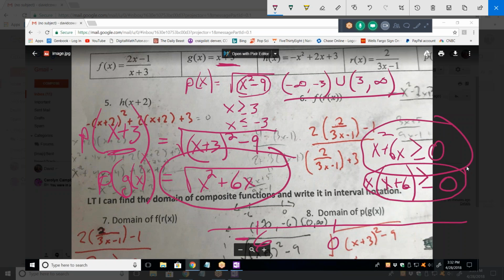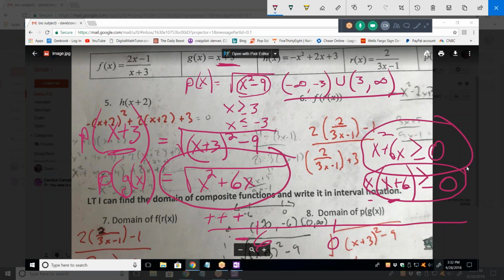Now, the way you solve a sign chart problem like this is you pick any number you like to the left of minus 6. So pick minus 7. That makes that negative, that makes that negative. A negative times a negative is a positive. That means all numbers to the left of minus 6 are positive. Hold on, we're not done yet.